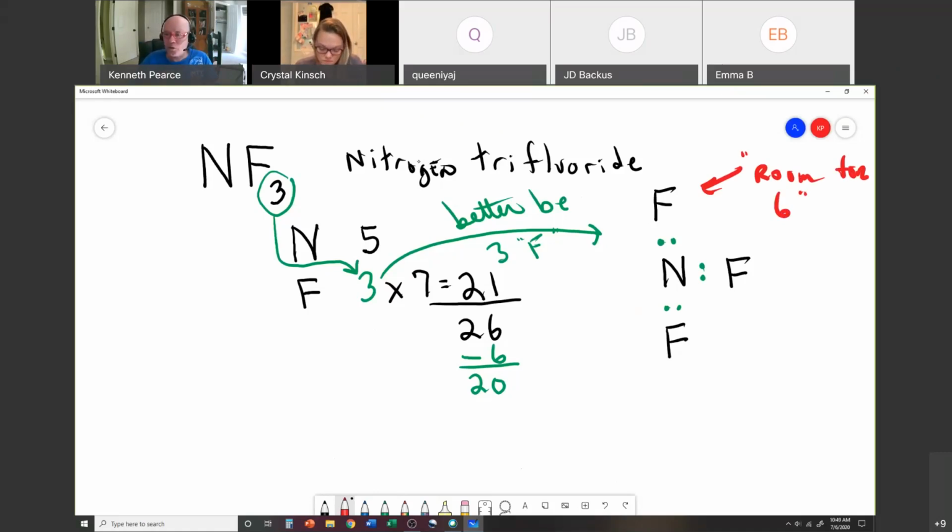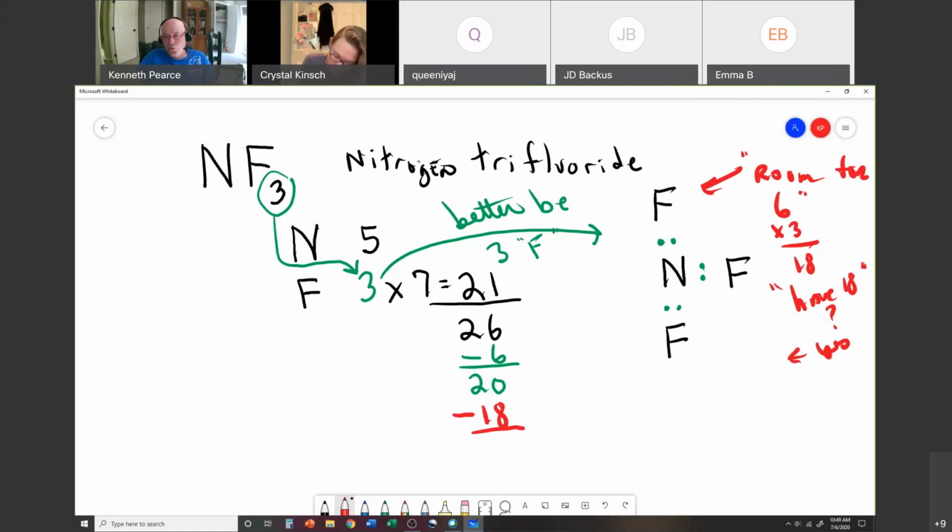We have room for 6. There's 3 of them, so 6 times 3 is 18. Do we have 18 at least? And the answer is yes. Okay, so we subtract off 18 because we have room for 18. That will leave me with 2.